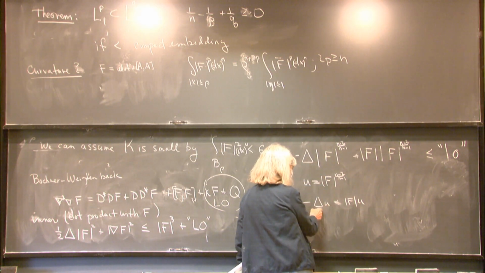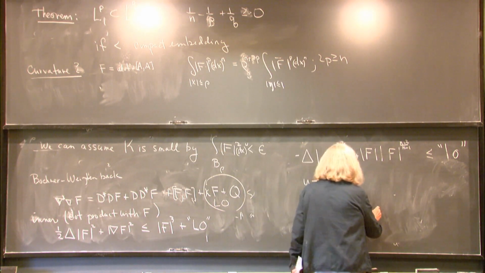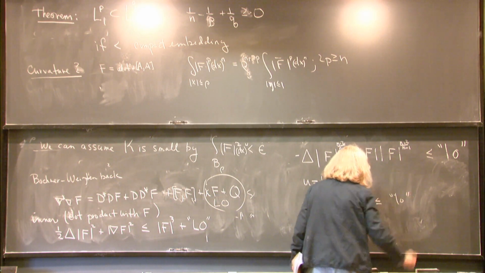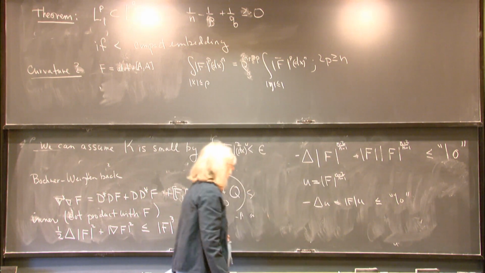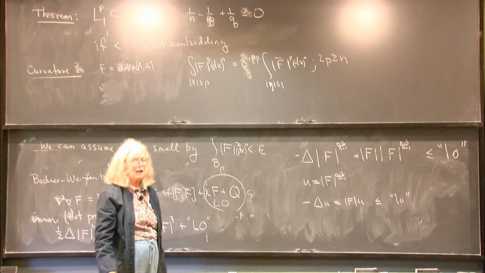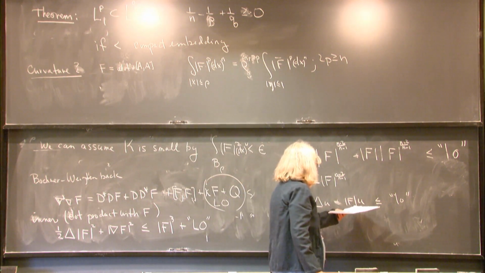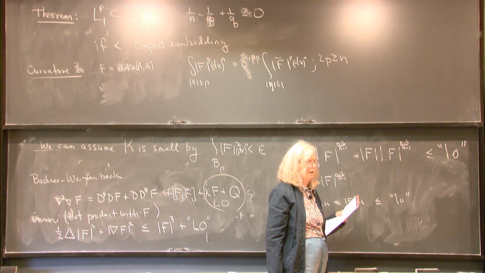This is a positive operator, so I wrote this is less than or equal to something which I'll just call lower order. So it's a scalar Laplacian, and f is small in L2, okay?